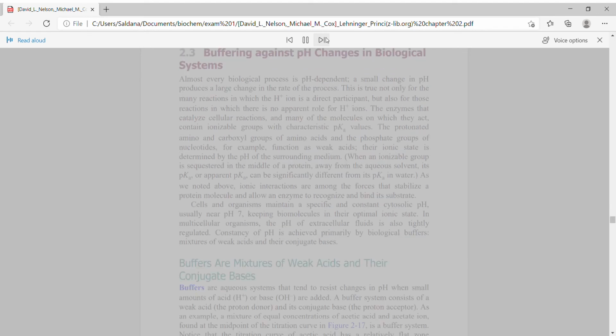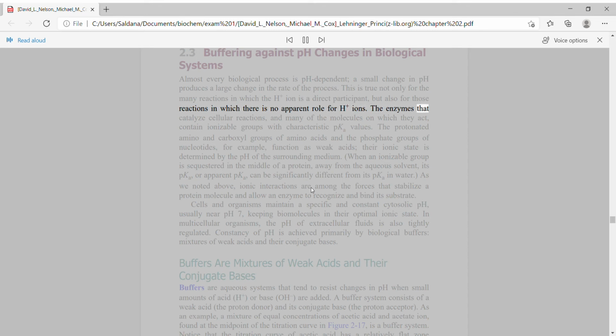2.3 Buffering against pH changes in biological systems. Almost every biological process is pH dependent. A small change in pH produces a large change in the rate of the process. This is true not only for the many reactions in which the H+ ion is a direct participant, but also for those reactions in which there is no apparent role for H+ ions.